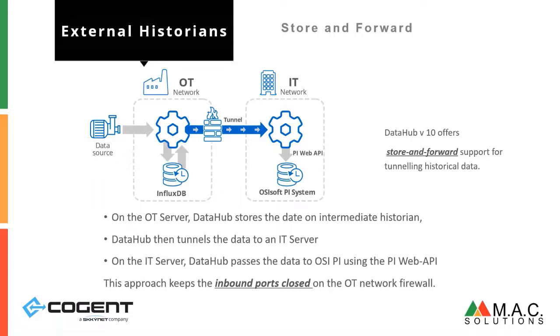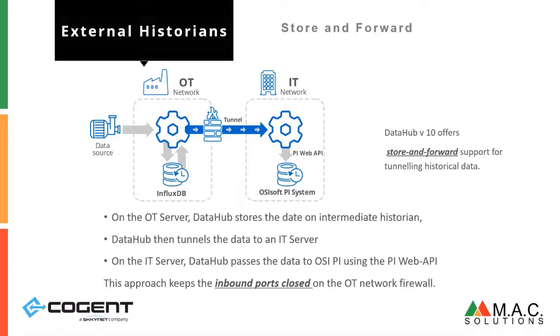And so how the DataHub handles that is we have a purpose-built implementation of InfluxDB, and it is designed as an on-site historian with limitless possibilities, which means that you can store as much data as you want for as long as you want. And how the system works is that the data is processed into the historian first and then fed from the historian to the connecting network.